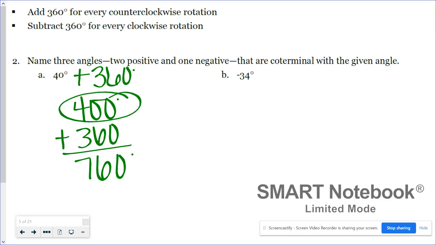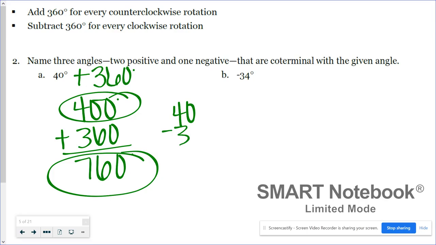So 400 and 760 are coterminal with that 40-degree angle. Likewise, if I were to go 40 minus 360, I would get that negative coterminal angle they speak of, so negative 320 degrees. So you simply have to add or subtract 360 to the given angle to find the coterminal angles.